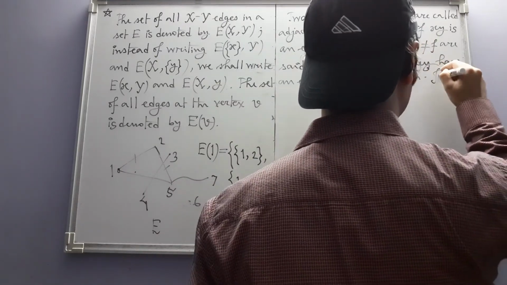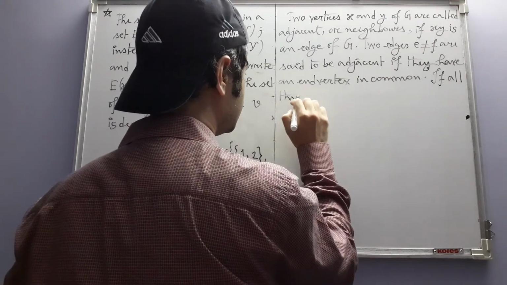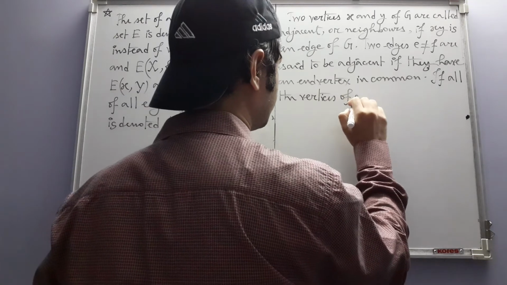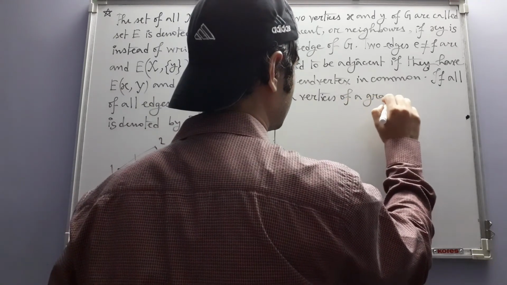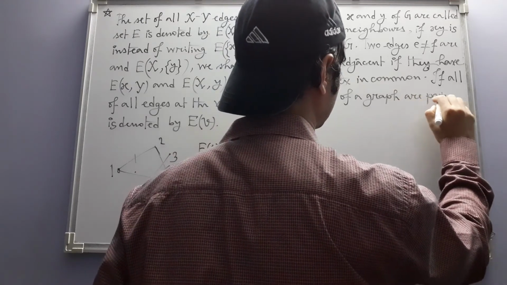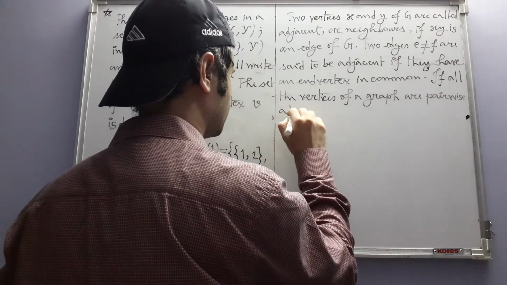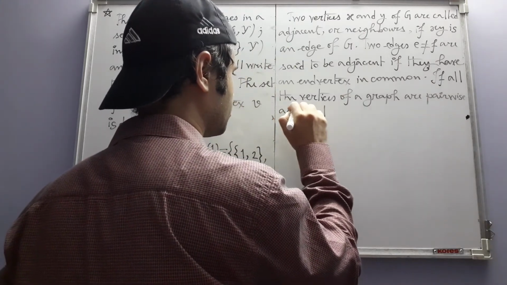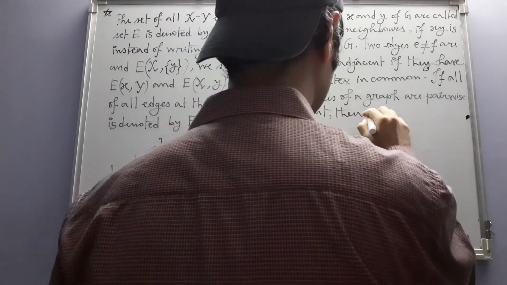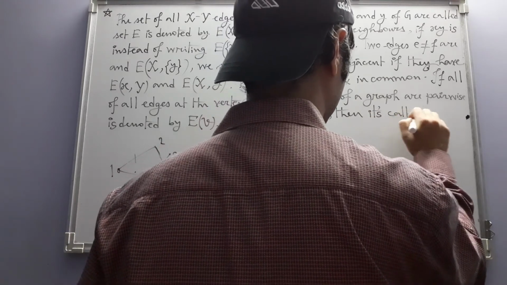If all the vertices of a graph are pairwise adjacent, then it's called complete.